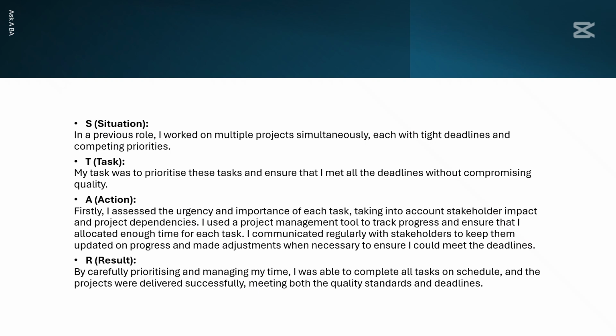Interestingly, one of the things I had to do in this particular project was I also had an underperforming team member, and I had to also prioritize this alongside the other activities that had to be carried out in the project. My action again in this particular situation was firstly, I assessed the urgency and importance of each task.